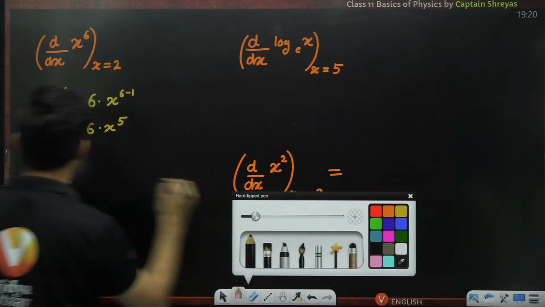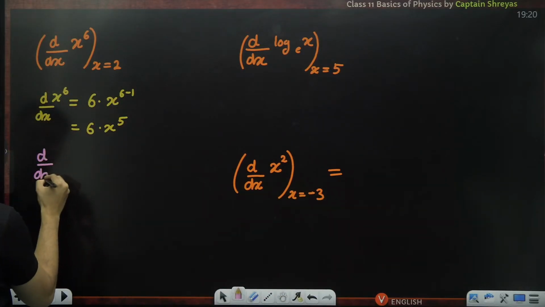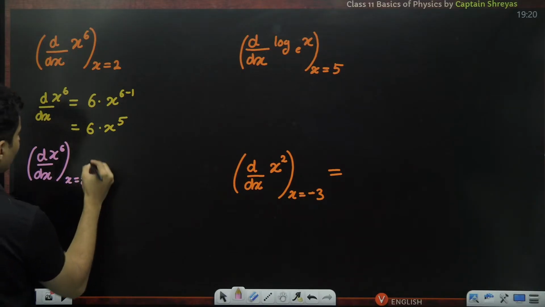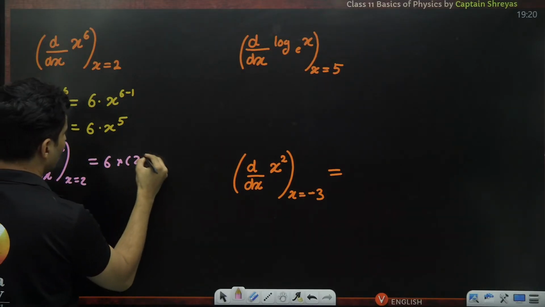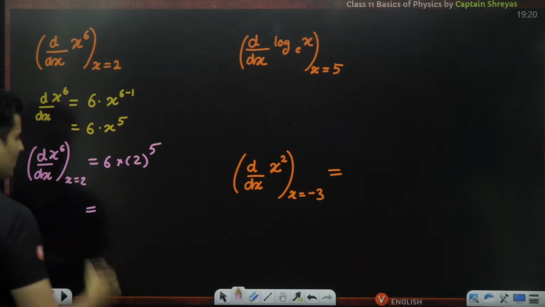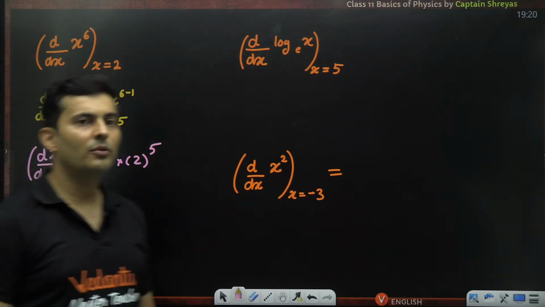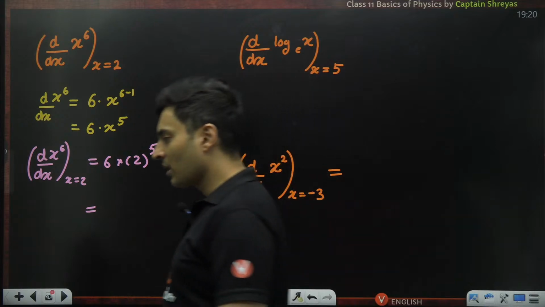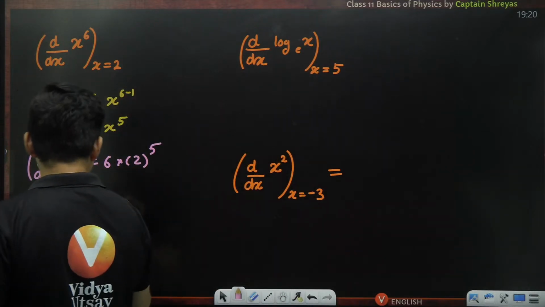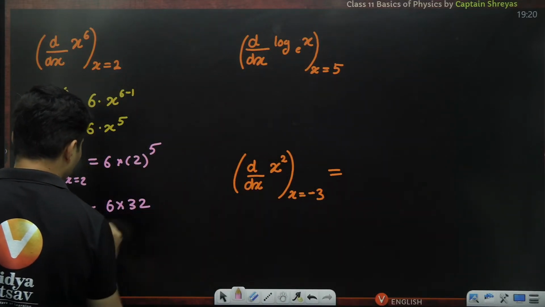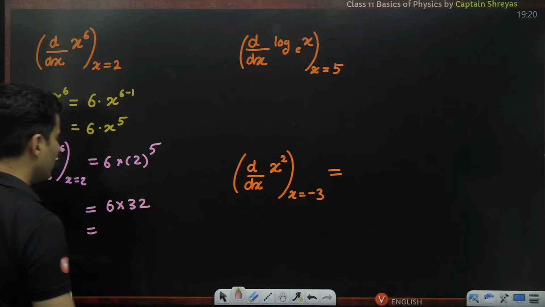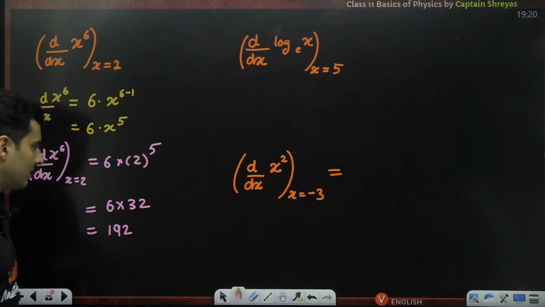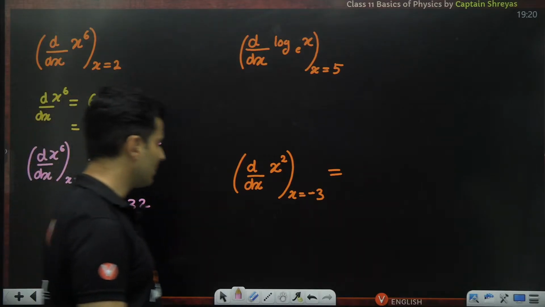Now substitute the value at x is equal to 2, meaning put 6 into 2 raised to 5. 2 square is 4, 2 cube 8, 2 raised to 4 is 16, 2 raised to 5 is 32, right? So 6 into 32: 6 3s are 18, so 180, and 6 2s are 12, so 192. That is the answer for this question.